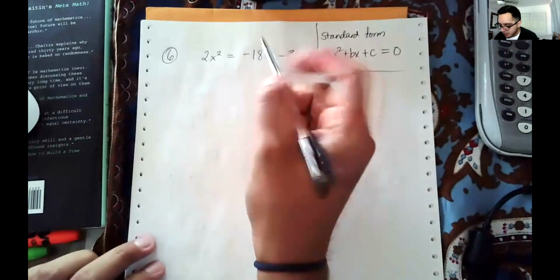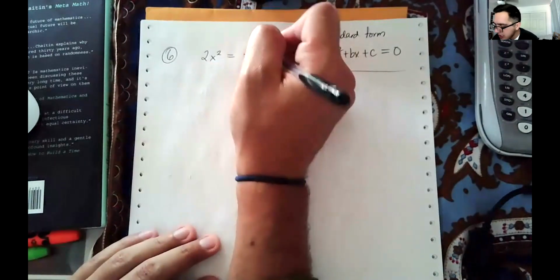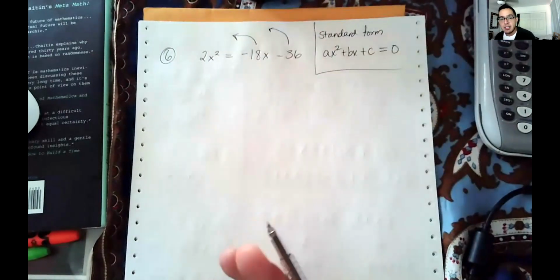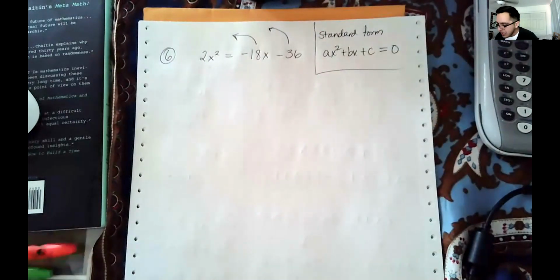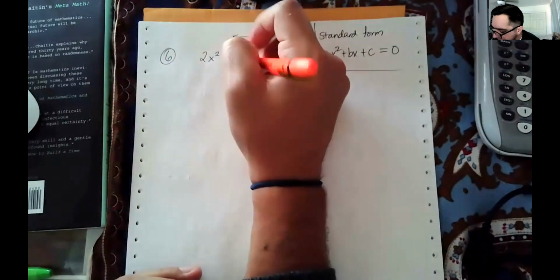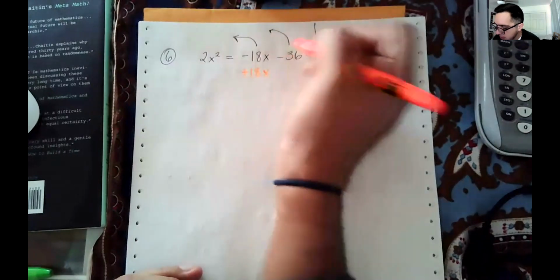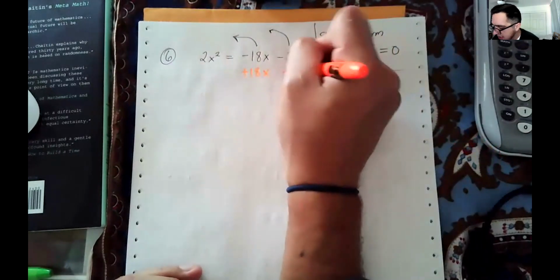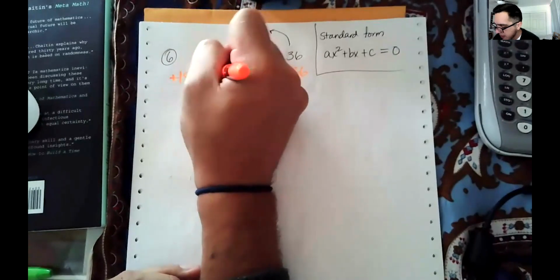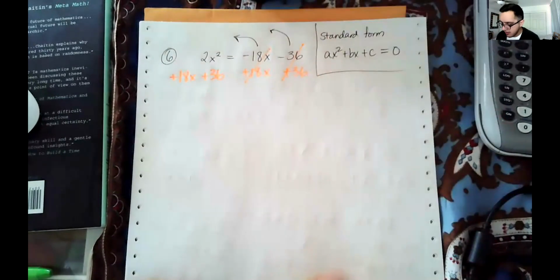So to do that, in my head, I would just say move these guys over to the other side and then change their signs to the opposite. That's the same thing as saying, okay, if we wanted to move things around, we would have to add 18x on both sides and add 36 to both sides, right? These would cancel out.